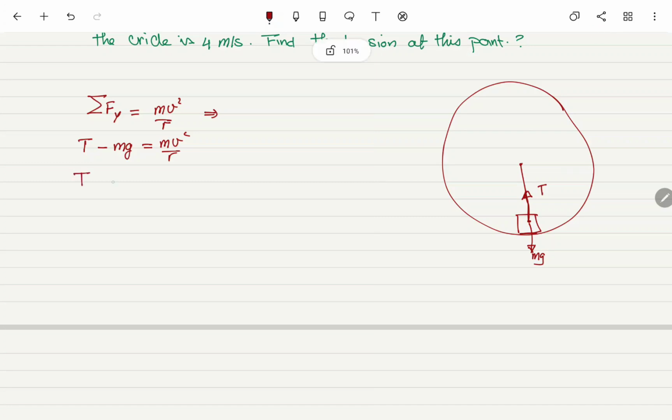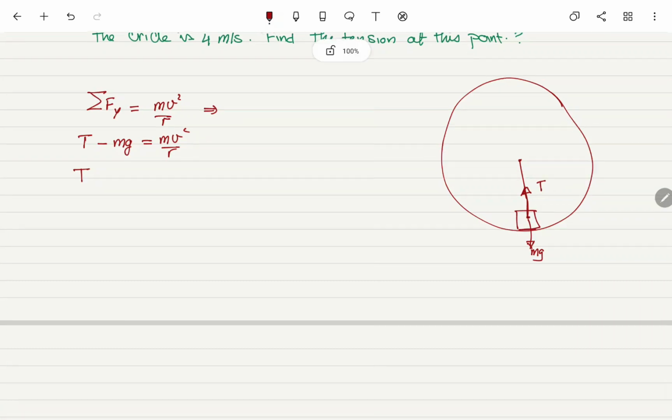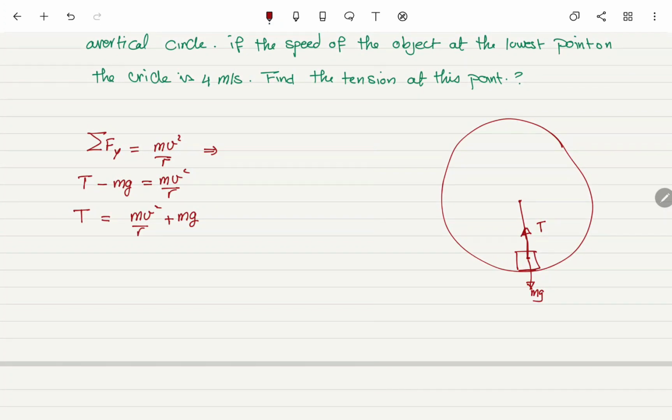In this case, the tension at the bottom is equal to mv square over r plus mg. Use the numbers given in the example, and you will find that the tension is equal to 6.45 Newton.